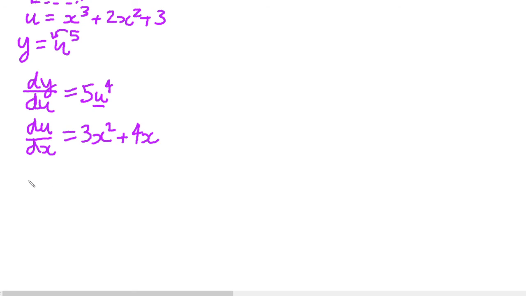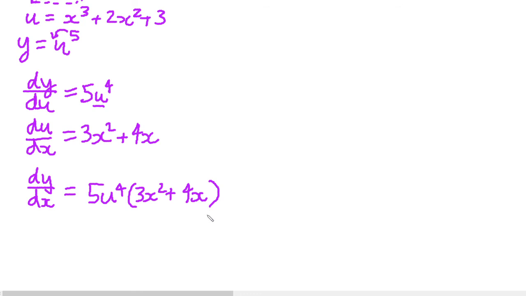We multiply them together and we get dy by dx is equal to 5u to the 4, times 3x squared plus 4x. But that's not actually completing the question yet, because we're still with mixed variables here. We want it all to be in terms of x, so we can get dy by dx in terms of x. That's kind of what people are looking for when they ask you to differentiate something like this.